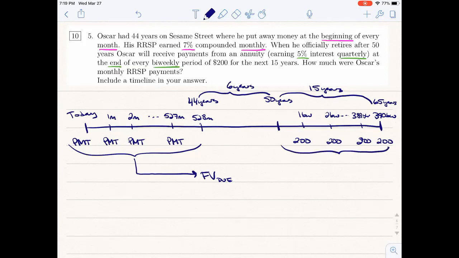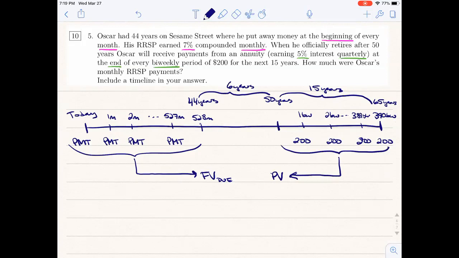Just making sure you're putting them at the end. These are going to trace back to some present value, just ordinary present value, because the payments are at the end. So what's going to happen is, okay, well, we'll need that present value in order to get these $200 payments. And then we'll need this future value to have grown to that present value.